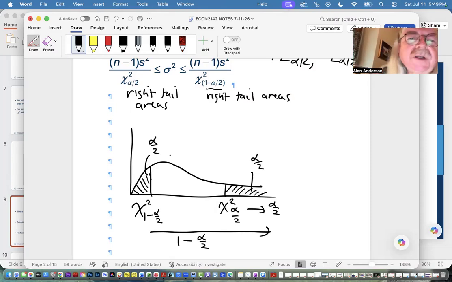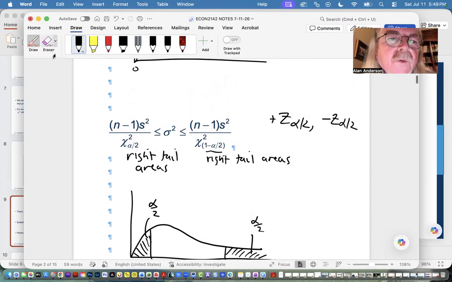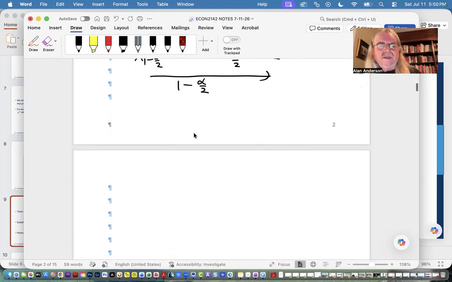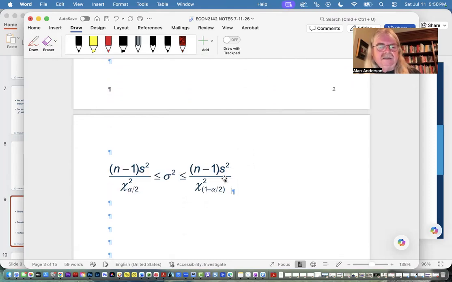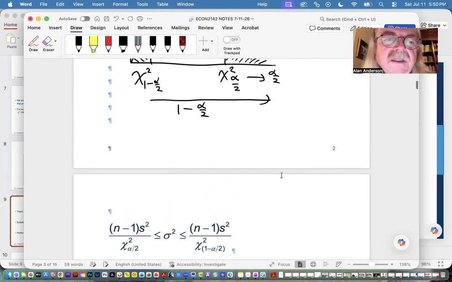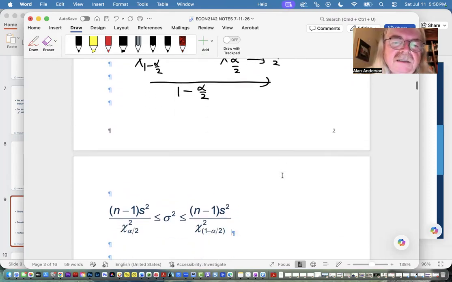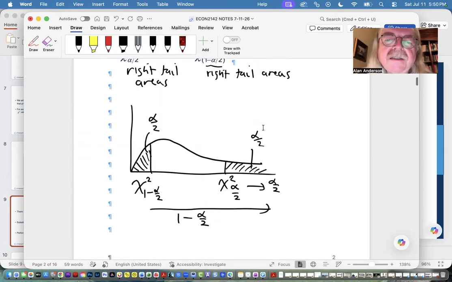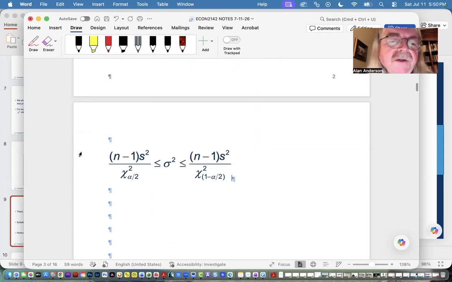Okay. So anyway, here's the formula for constructing confidence intervals about the population variance. And you can see that the denominators are taken from here. And you can see chi-square alpha over 2 is the larger of the two. So that goes here so that this becomes the smaller number.